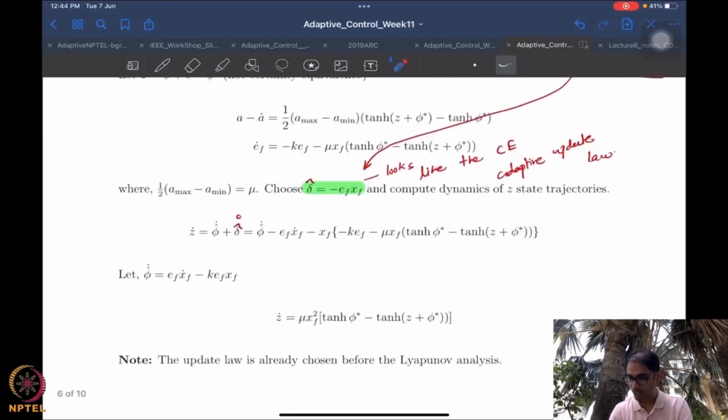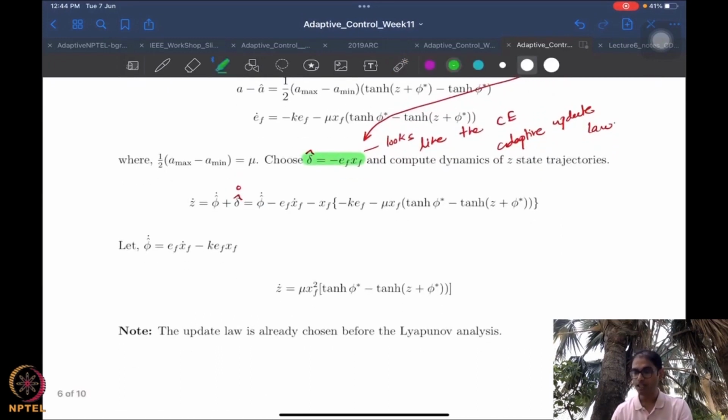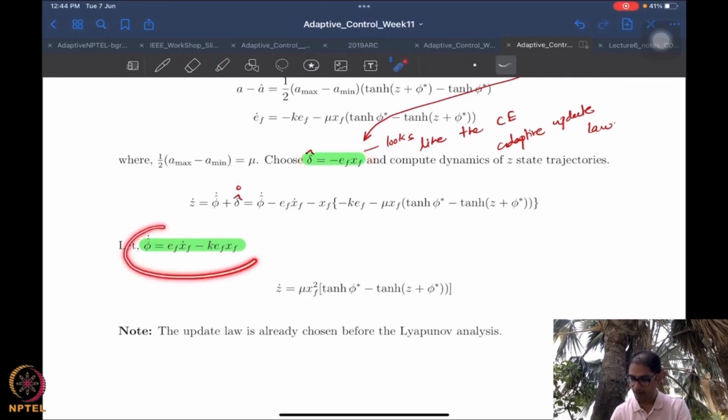So there are two pieces in the update in trying to find the parameter. There is the delta hat and there is the phi hat. Delta hat is given by a static term and phi hat is an update with this sort of an expression. Important to remember, unlike the certainty equivalence method which we were doing until now, neither the phi hat nor the delta hat, to be honest, are chosen using a Lyapunov function.